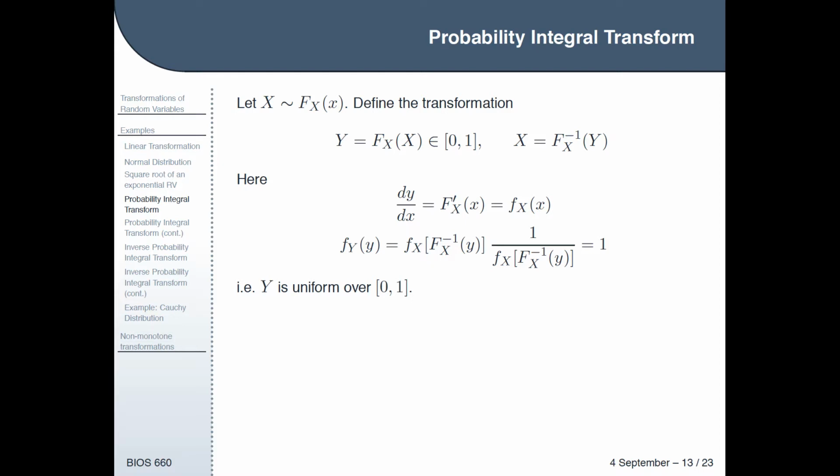In other words, if you do this transformation, you end up with a random variable that's uniform over 0, 1.